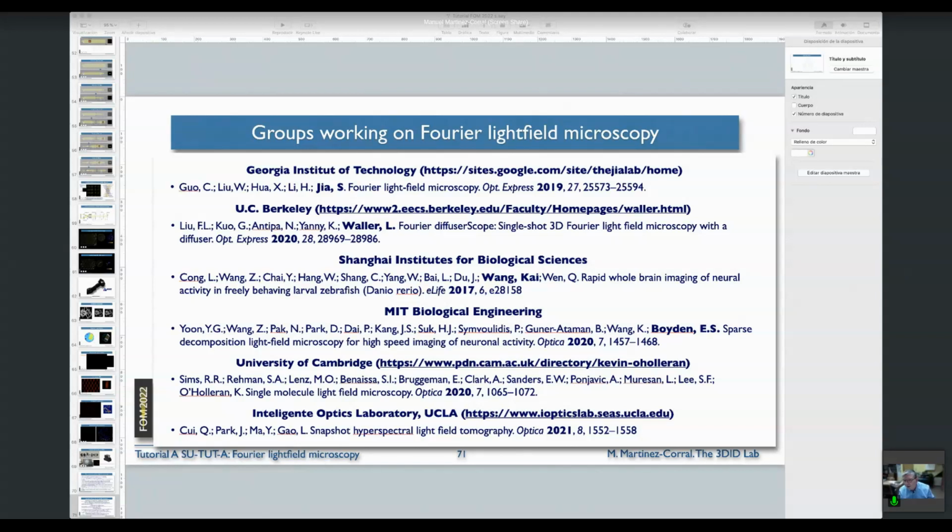Could you comment on resolution versus depth in Fourier Lightfield? Yeah, resolution versus depth is... when I put it in presentation mode, I cannot see the chat.